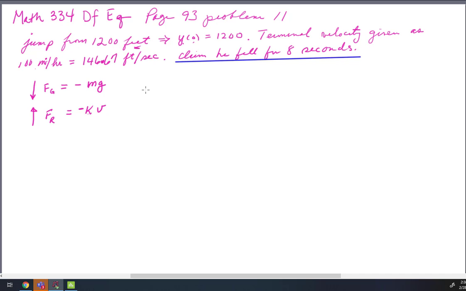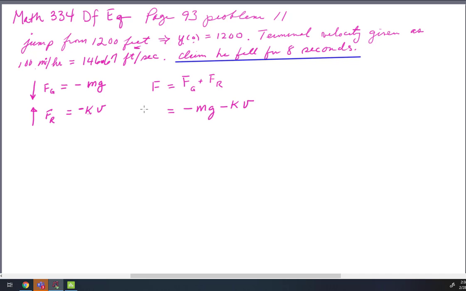So the total forces acting upon this paratrooper would be F, the sum of the individual forces, Fg plus Fr, or negative mg minus kv.